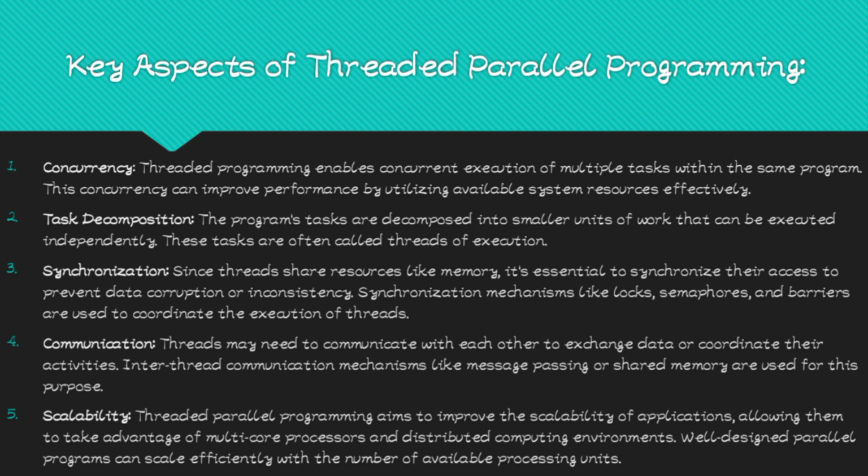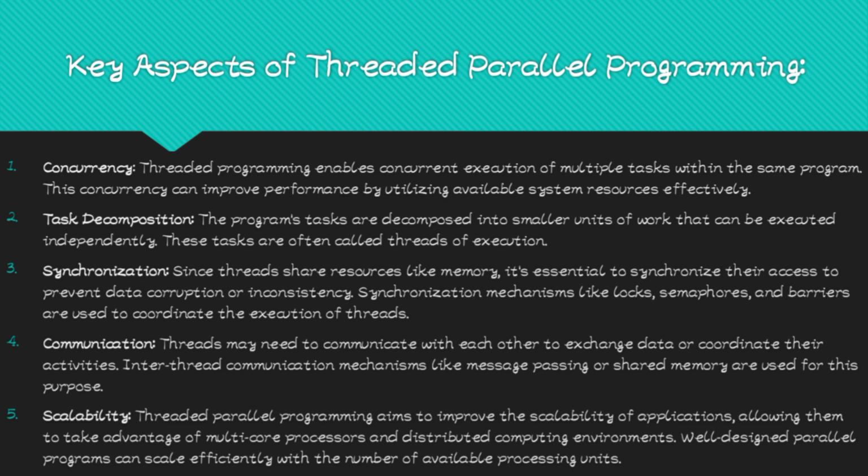Then another aspect is synchronization. Since threads share resources like memory, it's essential to synchronize their access to prevent data corruption or inconsistencies. Synchronization mechanisms like locks and barriers are used to coordinate the execution of threads. Then another aspect is communication.